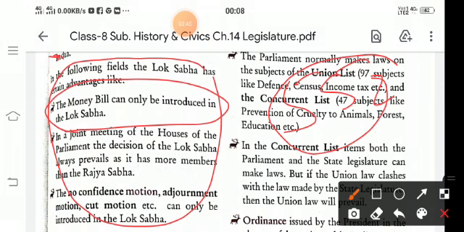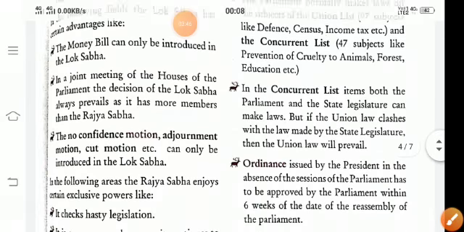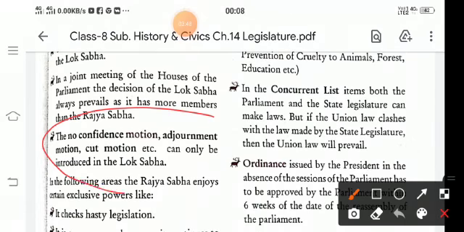The no confidence motion, adjournment motion, cut motion, all can be introduced by the Lok Sabha only. I repeat again, the no confidence motion, adjournment motion, and cut motion are only introduced in the Lok Sabha.